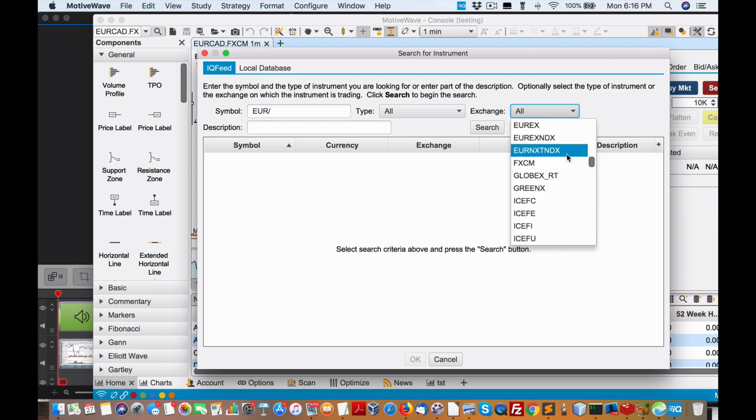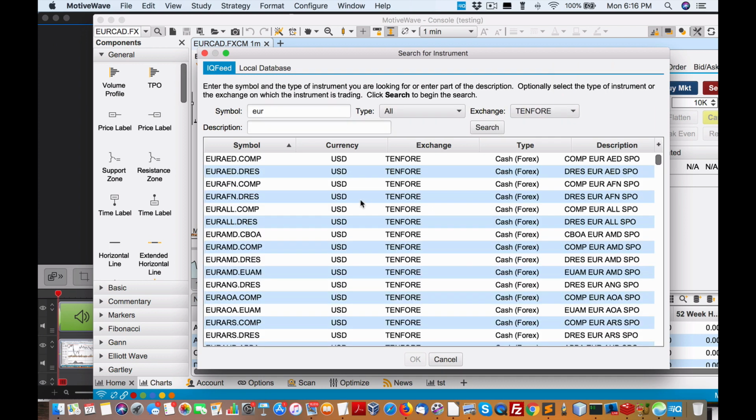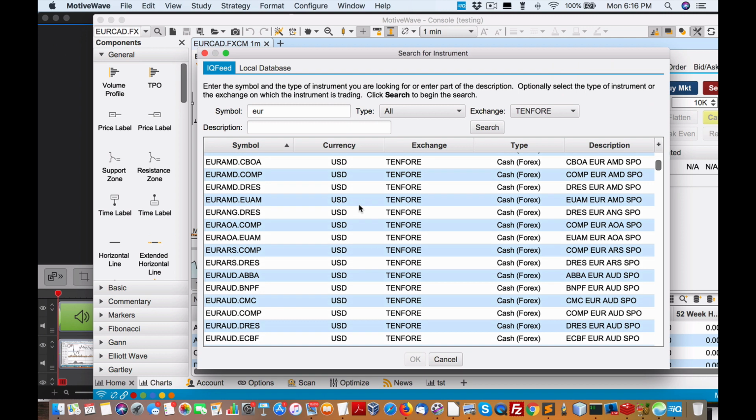If I wanted to do any of these big exchanges, I have access to it, tick level and all. This is not very expensive. Now 10.4. Let's see if I can find Euro. Anything Euro? Okay, so this is a really powerful data provider.